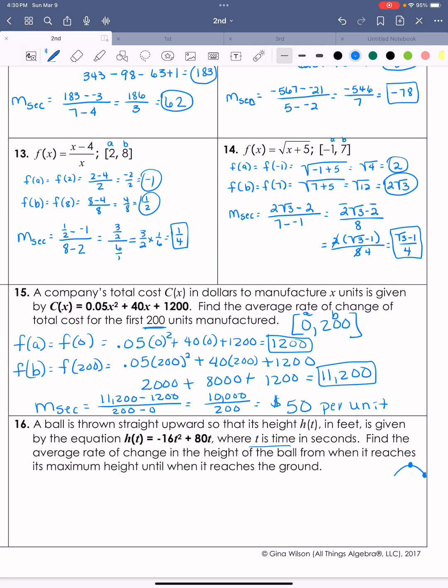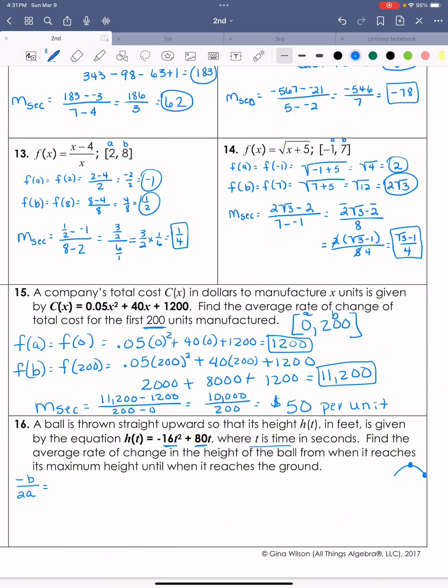And you're going to have to do some recalling of some of your quadratic equation knowledge. How do you find the vertex? Well, there was a formula that we learned back in Algebra 2 that told you the vertex was equal to negative b over 2a. So let's find that first. What is b and what is a? Well, here is b. Remember, b is the coefficient of your linear term, and a is the coefficient of your quadratic term.